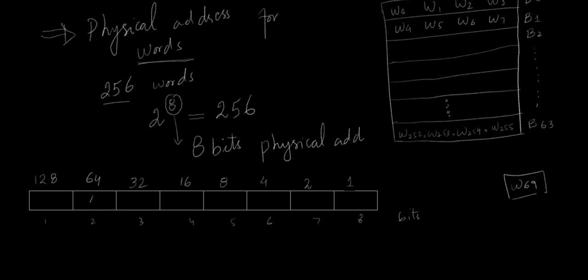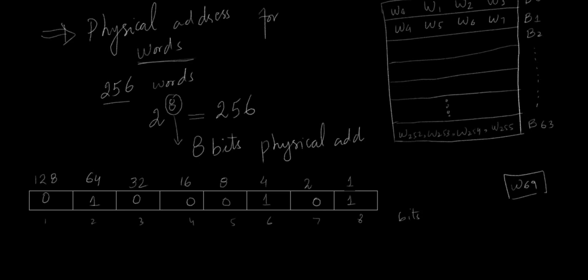Obviously, you will put 1 under the 64, and then how many more things do we need? We're going to put 1 under this as well. It's going to make 68, 64 plus 4, and 1 under this as well. Now zeros under all the other bits. So this is my physical address for my word 69.